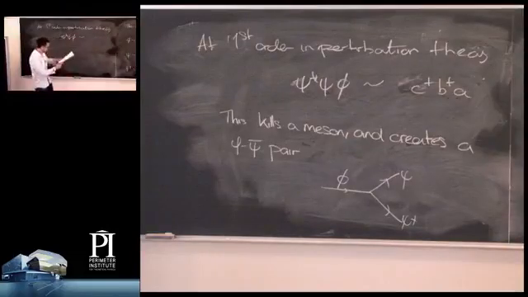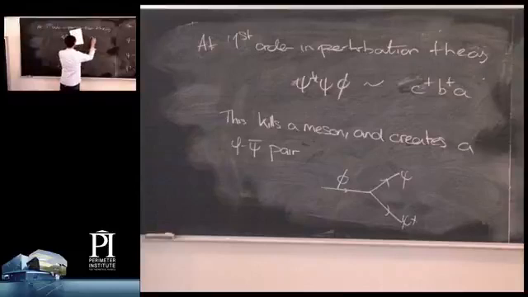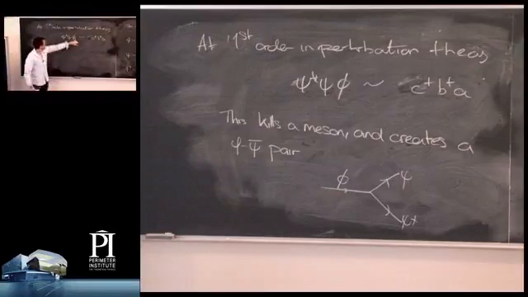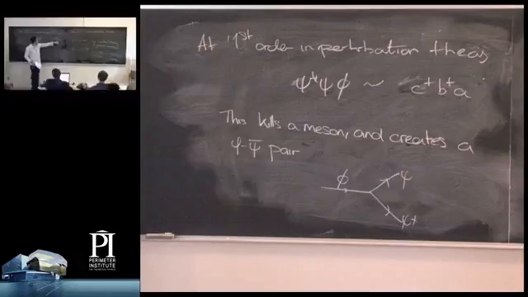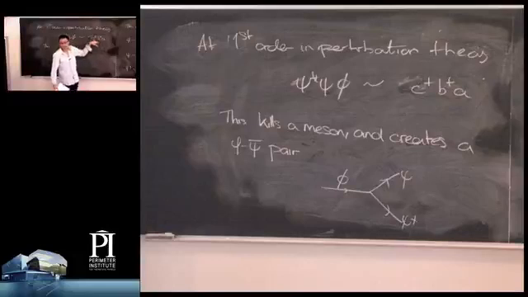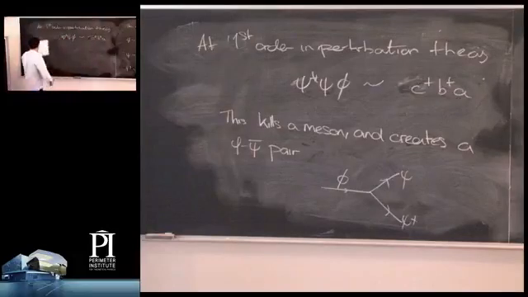And among them is a term which looks like c dagger, b dagger, a. The a comes from phi, the b dagger comes from psi star, and the c dagger comes from psi. So what does this do? If we have a state on which this acts, this will kill a meson, if there's a meson in the state, and create a nucleon and an antinucleon. So this kills a meson.